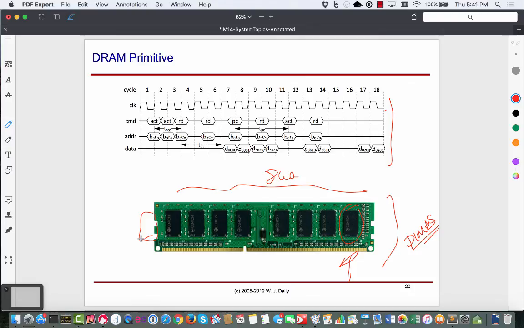You store a bit and some of them are going to get corrupted for a variety of reasons, including something called alpha particles, which come from space. And we are storing smaller and smaller amounts of charge. When those particles pass through the memory cell, they flip the bits. So there is a tremendous amount of error coding and those kinds of operations done at the memory level to cope with these issues.